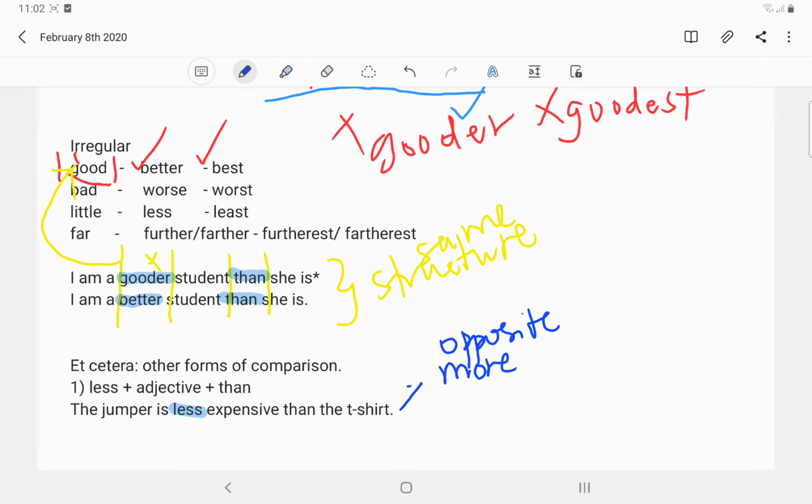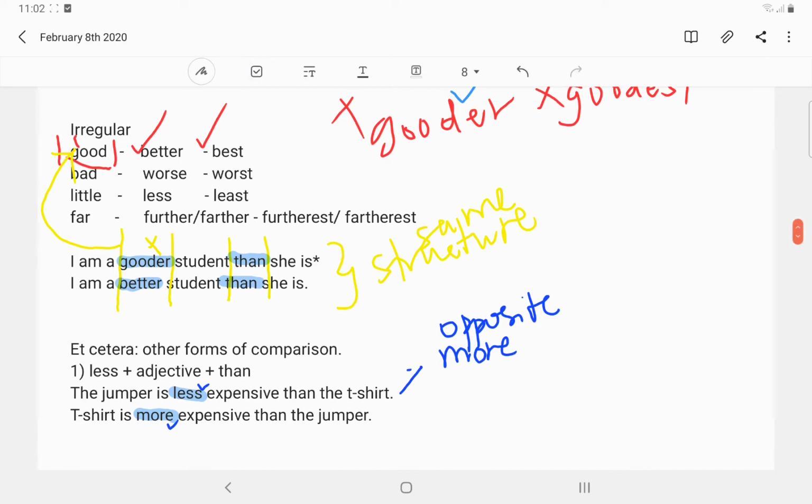So kalau dalam ayat ini, the jumper is less expensive than the t-shirt. Kalau kita nak guna ayat more, the t-shirt is more expensive than the jumper. So sama je, dia cuma perbandingan. Cuma yang ini lebih, this one kurang, this one is lebih. So that is the first one.